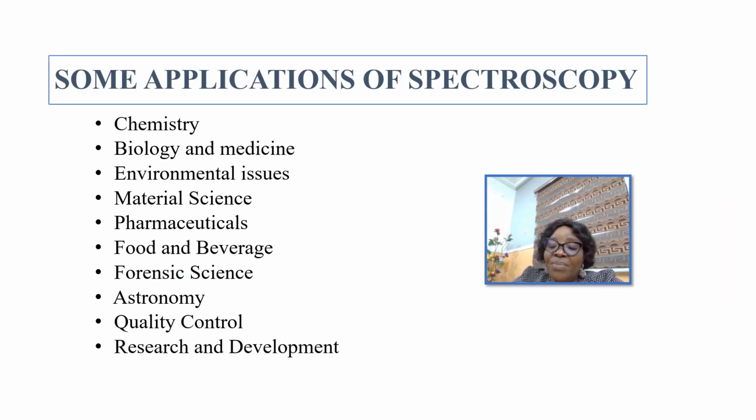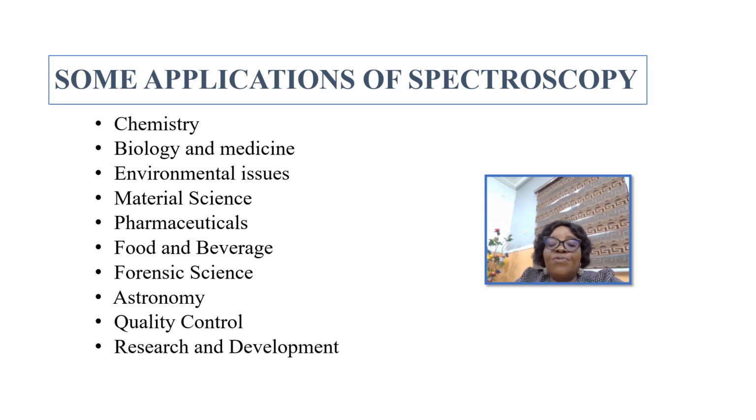What are some of the applications of spectroscopy? Spectroscopy is widely applied in chemistry for identifying and analyzing molecules, determining chemical structures and composition, and monitoring chemical reactions.